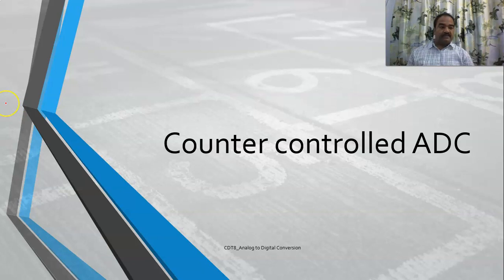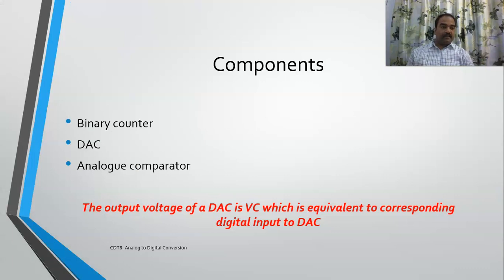The first one is the counter controlled ADC. The counter controlled ADC, often called the counter type ADC, has major components including a binary counter, a DAC. See, the ADC requires a DAC also in this one, and an analog comparator.